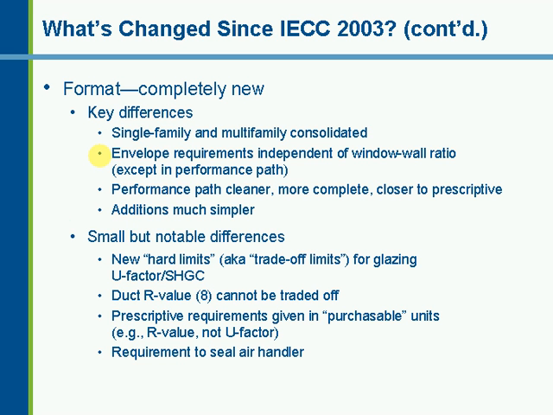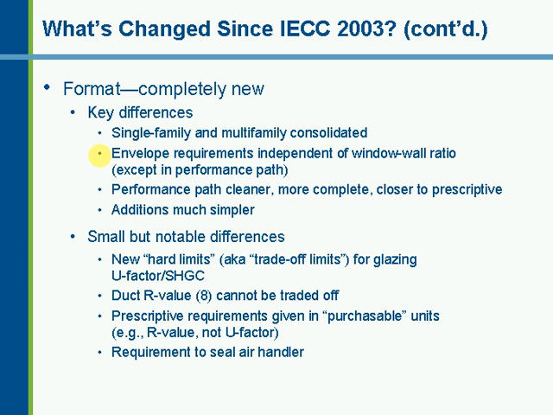There is an exception in the performance path where you are able to account for some of the glazing considerations and so forth, but in the prescriptive section of the code, there are no more dependencies on window-wall ratio. The performance path is much cleaner, more complete, much more similar to the prescriptive path than it was in the past.